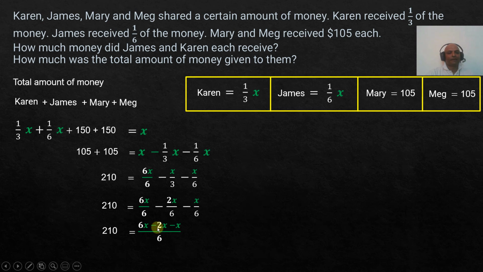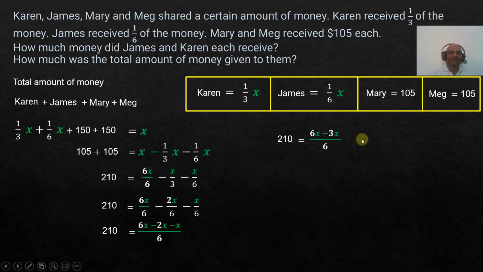So in this case, minus 2x minus x, the whole thing becomes minus 3x. 210 is equal to 6x minus 3x over 6, and we know that we want to remove this 6 from this side.